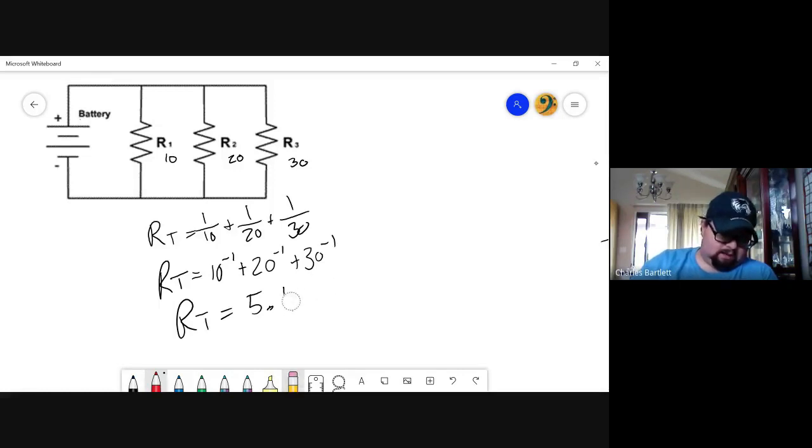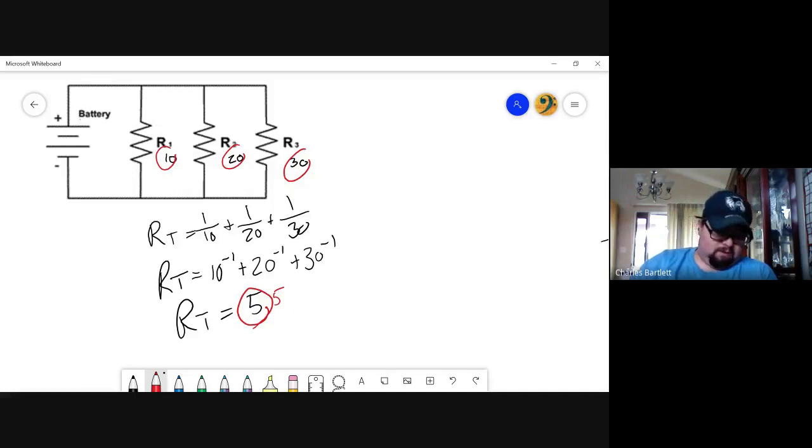So that is actually the total resistance for this parallel circuit. And like I said, it is smaller at 5.5 than any other part of the circuit.